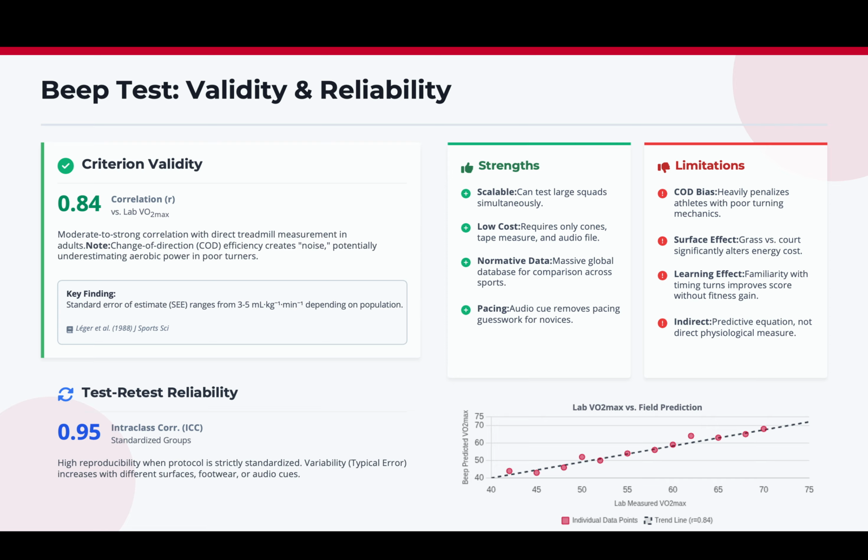And pacing: the audio cue removes pacing guesswork for novices. Limitations: change of direction bias, which heavily penalizes athletes with poor turning mechanics. Surface effects: grass versus court significantly alters energy cost. The learning effect: familiarity with the timing and turns improves score without fitness gain. It's like cheating.